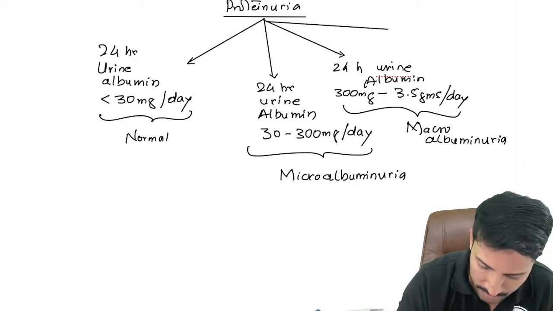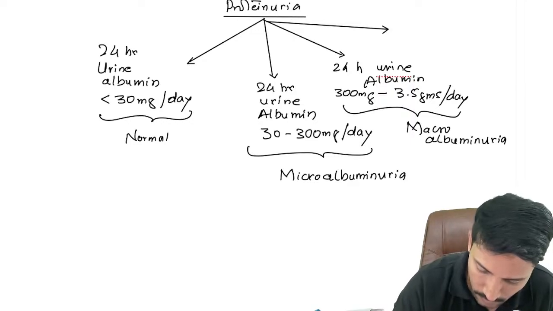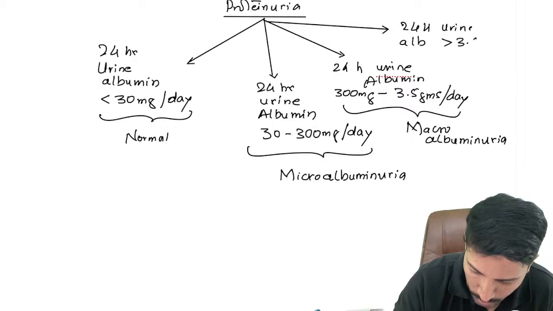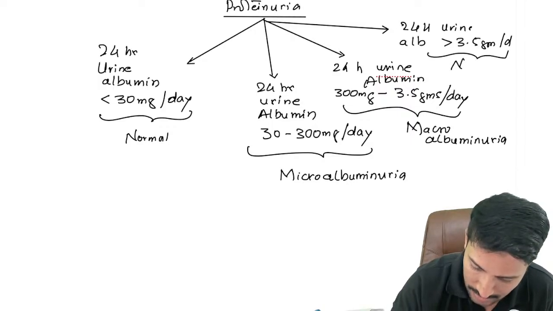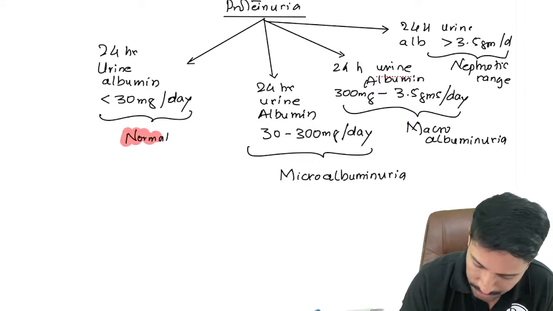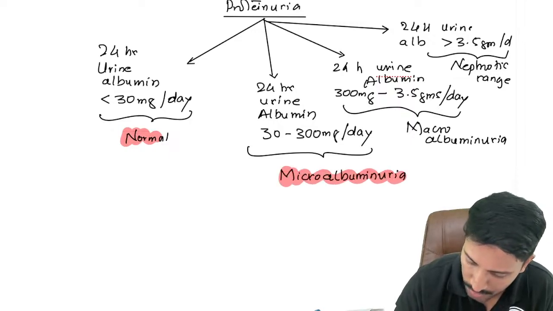And the last one, when the 24-hour urine albumin is more than 3.5 grams per day, we will call it nephrotic range proteinuria. So this is a quantification-based classification of proteinuria.